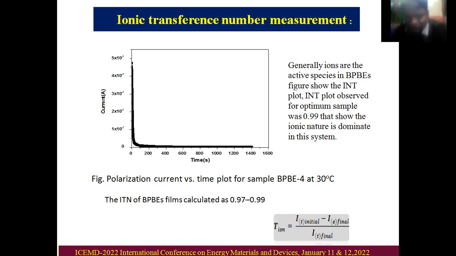Our optimized sample is 30 weight percent. The ionic transference number is easily calculated with this formula: t_i equals (I initial minus I final) upon I initial.